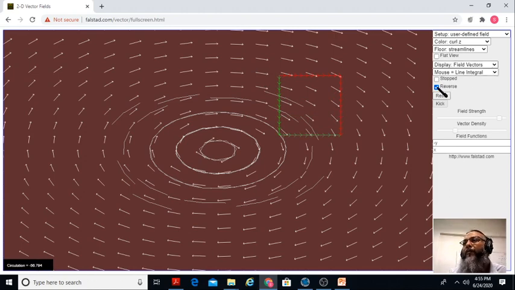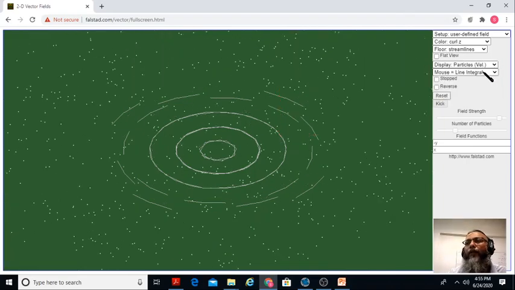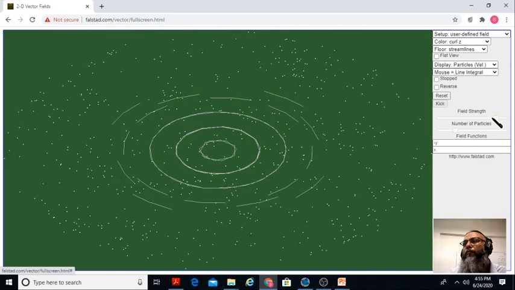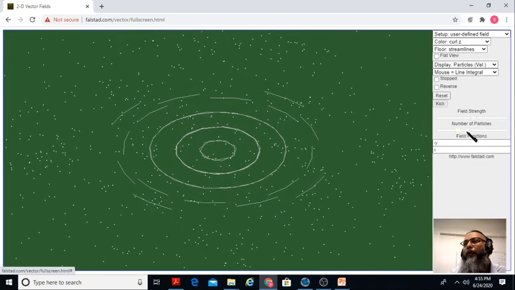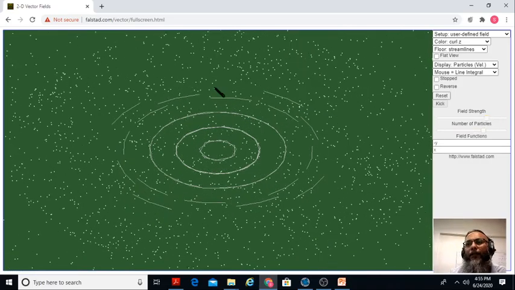And if I just reverse the sign, I would get a positive circulation. And if you want to see how the particles are moving in this field, you can go to the particle velocity, and you can see there are a lot of particles. The field strength is low, so I increase particles. So particles are moving in a circle.